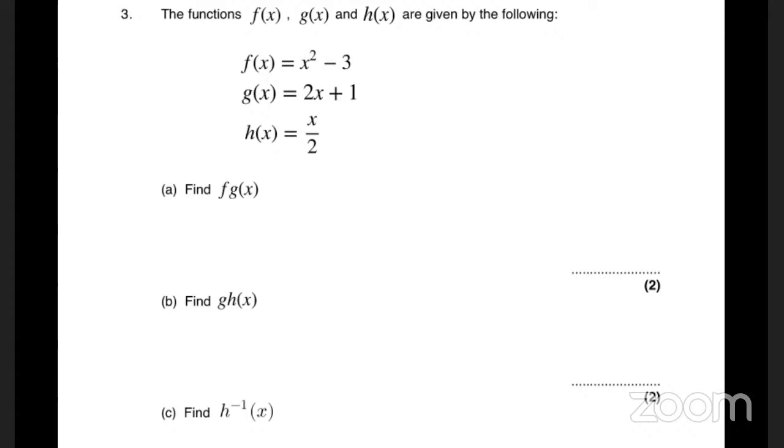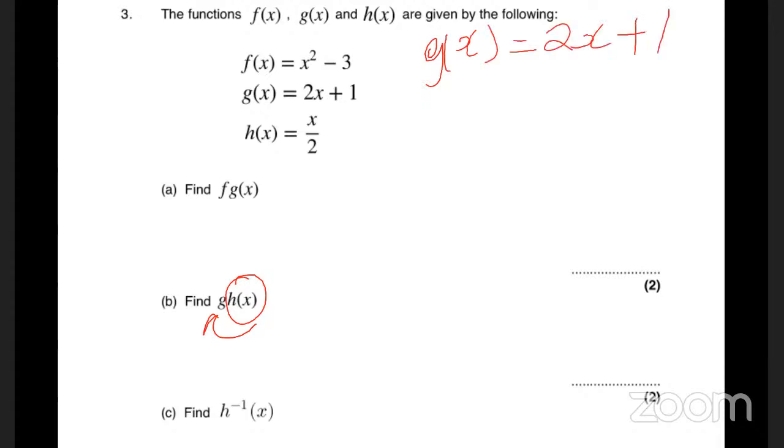All right, so let's find gh of x. So we're going to put h of x into g. g of x equals 2x plus 1.